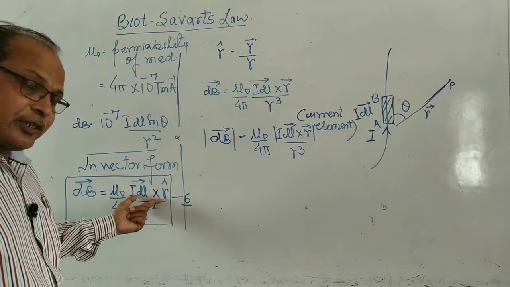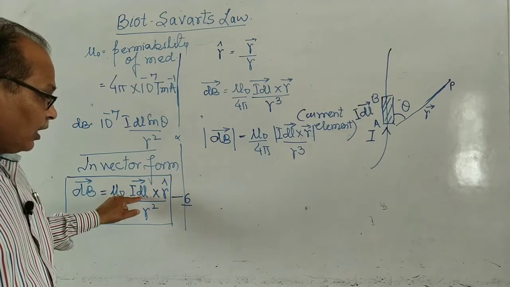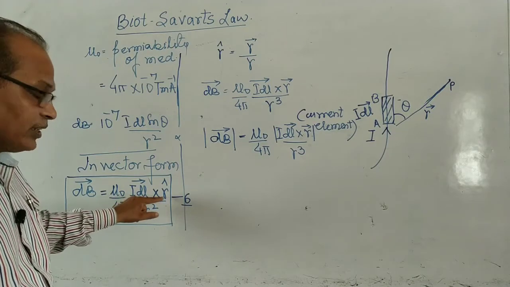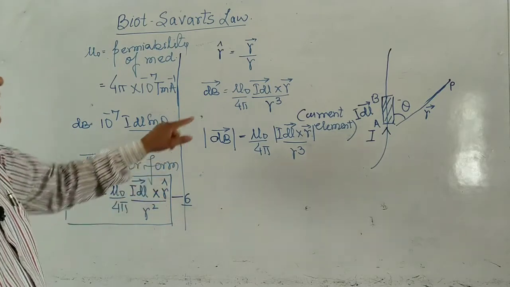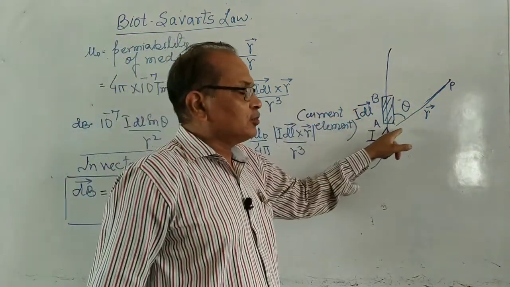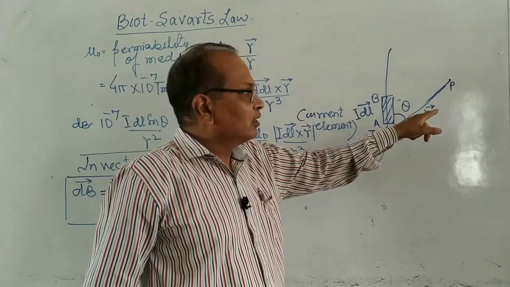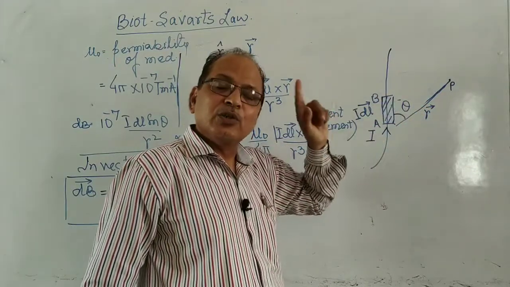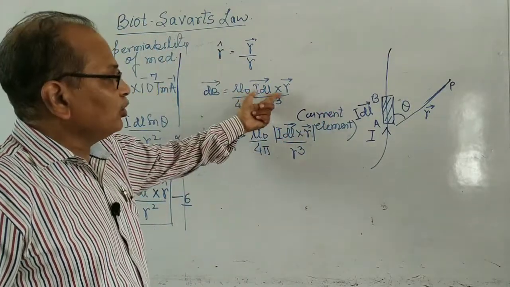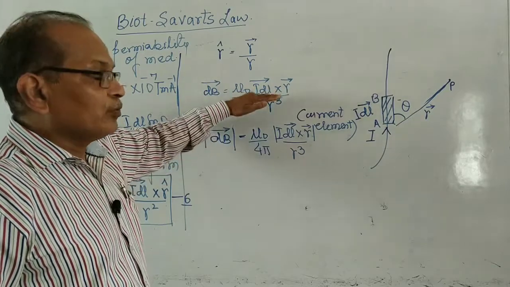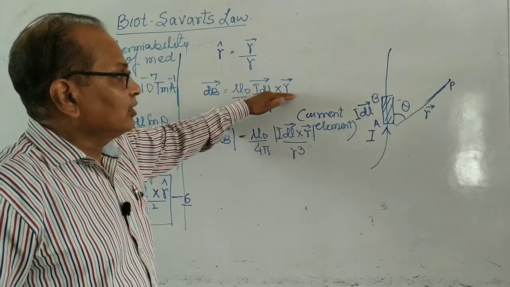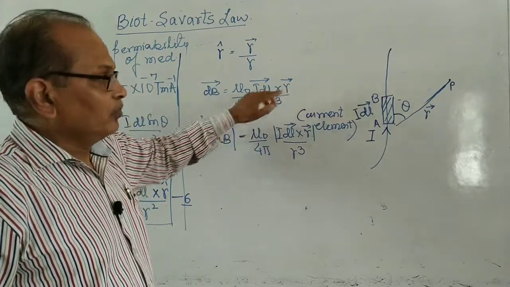Its direction is perpendicular to the direction of the unit vector, or you can say this r vector, because this is the displacement vector and it is in the direction of that unit vector. So the direction of magnetic field is perpendicular to the plane having the current element and the displacement vector.